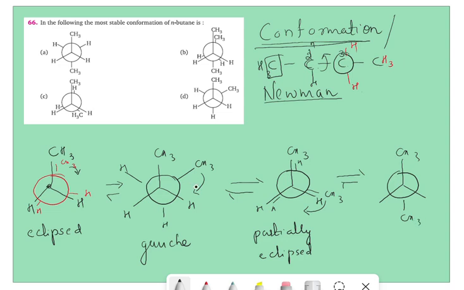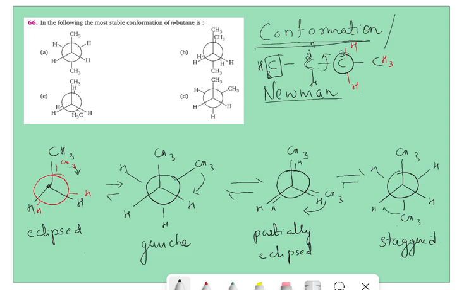So altogether, how much angle have we rotated here? 180, right? So that's why it will be anti-periplanar. We call this anti-periplanar, or we can even call it staggered. So staggered and eclipsed are the two extreme conformations.